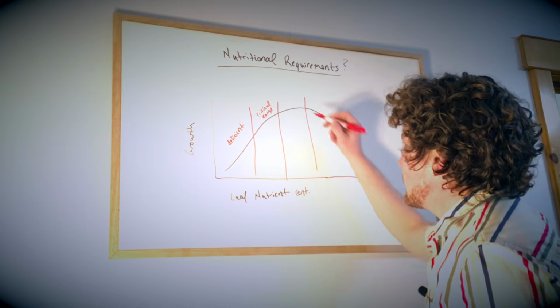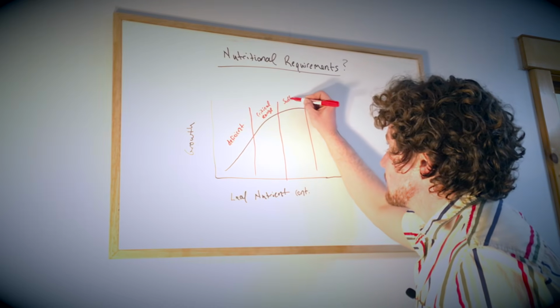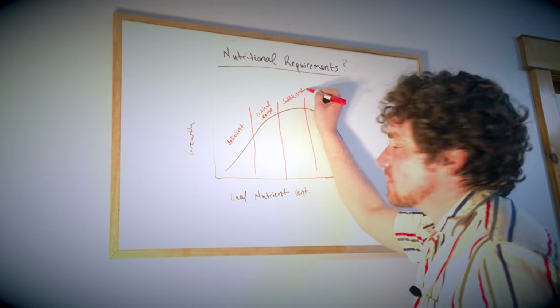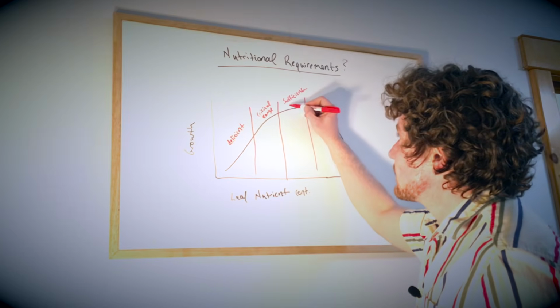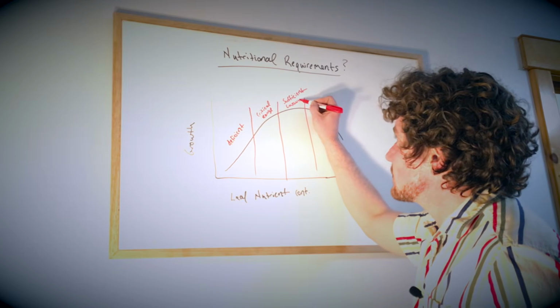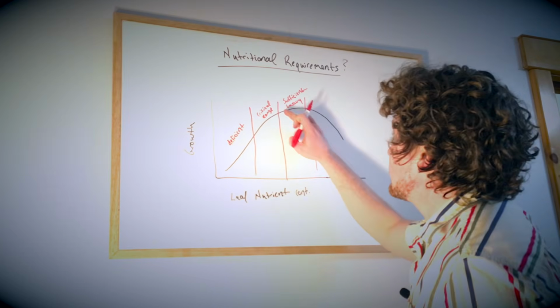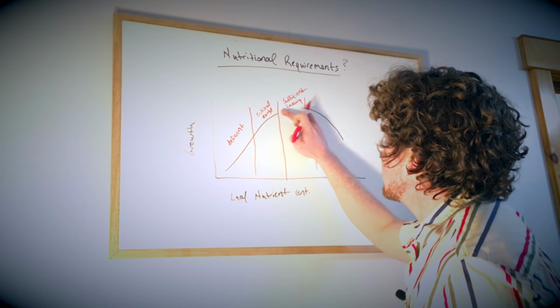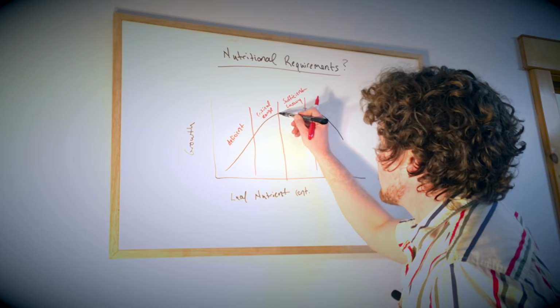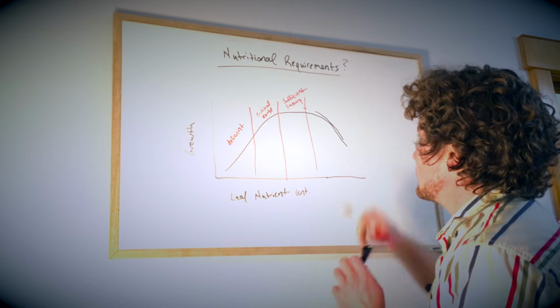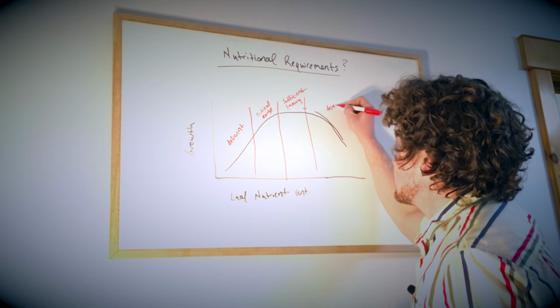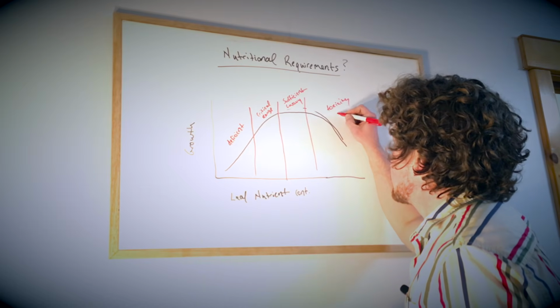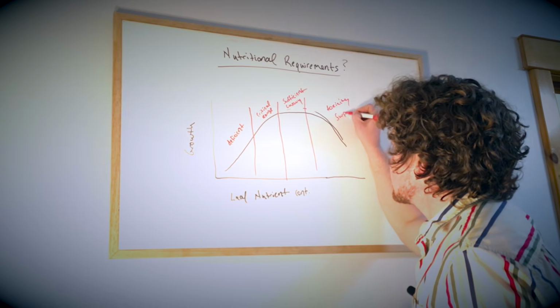You have a sufficient range, so when we have the asymptote or luxury, and maybe that looks a little bit more like this. And then we have a toxicity or a surplus.